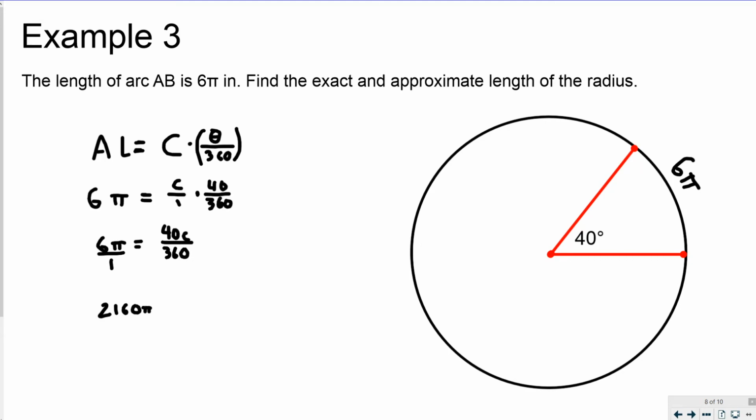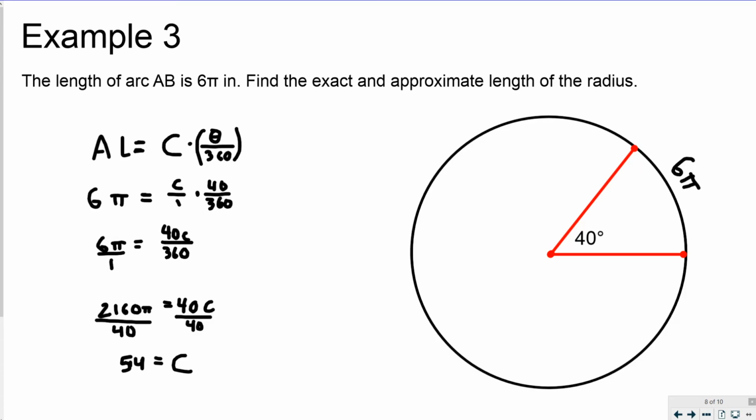I'm just multiplying the 6 by the 360 and attaching the pi, equals 40C. So then I'm going to divide both sides by 40. So I'm going to take 2,160 and divide by 40, and I get 54 pi is equal to the circumference.